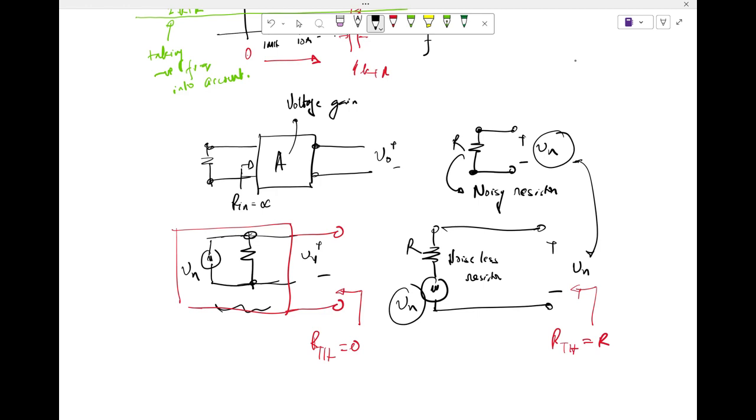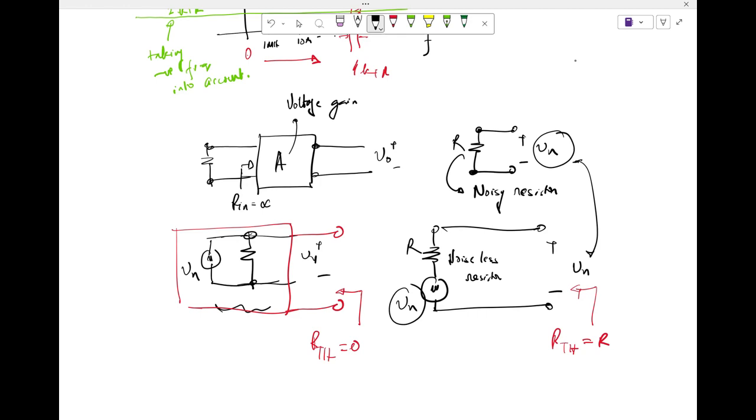So just because you want to model noise, that doesn't mean your R should go away. Your Thevenin impedance should remain the equivalent Thevenin impedance, right? So hence the parallel one is not the right way to model; the series one is the right way to model. So wherever you have a resistor in a network and you want to analyze its impact, you basically put an equivalent noise source in series with R, right?